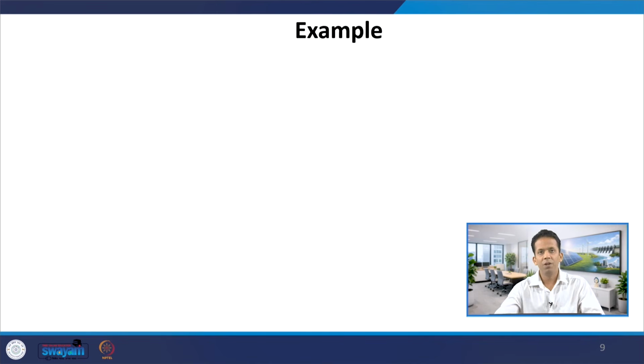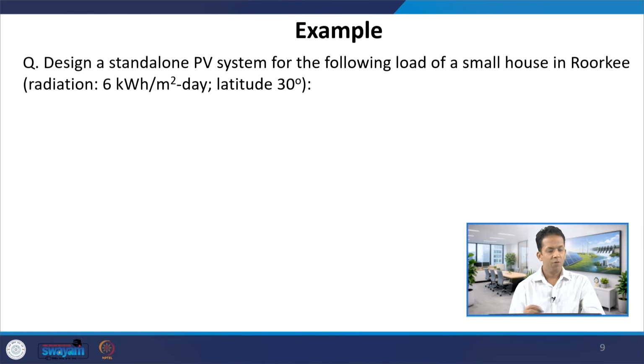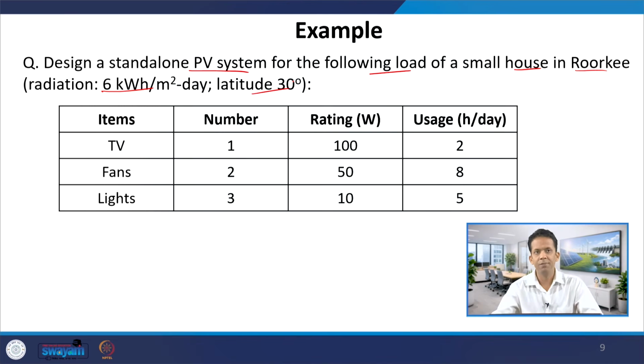Let's take one numerical example to understand how we can design a solar PV system in standalone mode for a given load. This is the question: design a standalone PV system for the following load of a small house in Roorkee, where radiation is 6000 watt hour per meter square, latitude is 30 degree north. These are the items: TV, fans and light, 1, 2, 3, and the ratings and usage of each equipment are given.